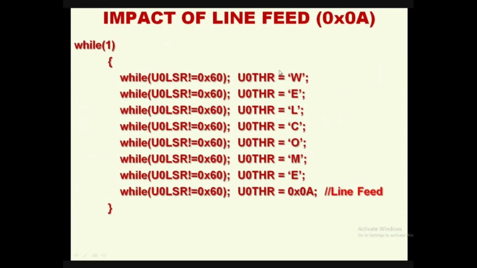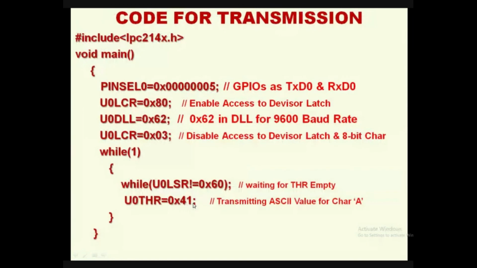Within a single quote, if we give a character, whether it is an uppercase letter, a lowercase letter or a special symbol, its ASCII equivalent will get transmitted. 0x41 is the ASCII equivalent of the character A. Instead of giving 0x41, if we give the character A in a single quote, it can transmit character A, as you see here.